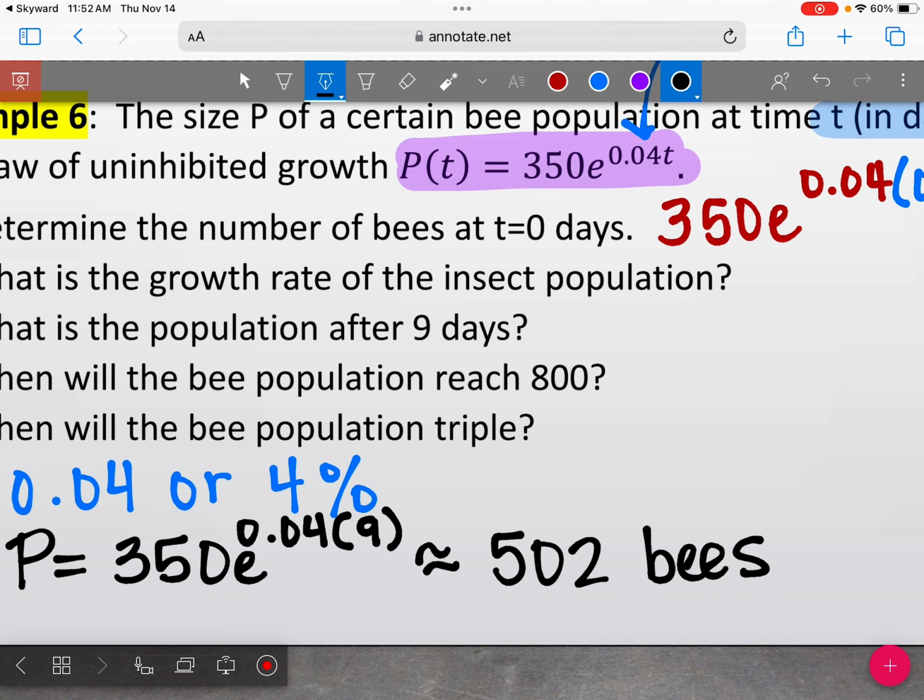To put the e, you hit the green key and ln, because ln and e are inverses, so they share a key. All right, part D says, when will the population reach 800?